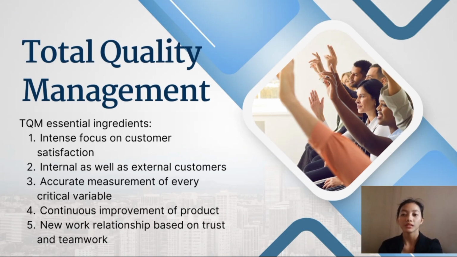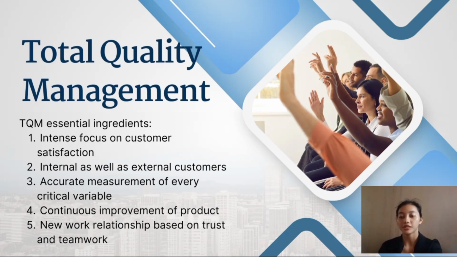How can we make the products have higher quality, last longer, be more dependable, have fewer defects, have fewer deformities? And then build a relationship based on trust and teamwork. So really, you want people to be always thinking about the company first and working toward the company's goals, not their own personal goals or the team goals before the company's.